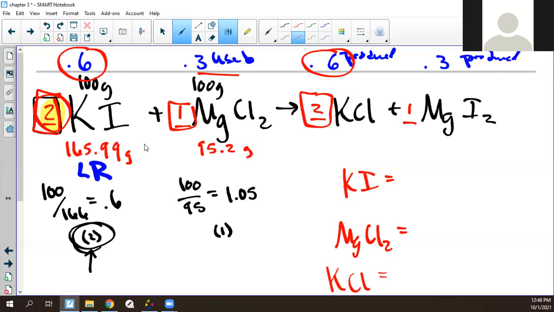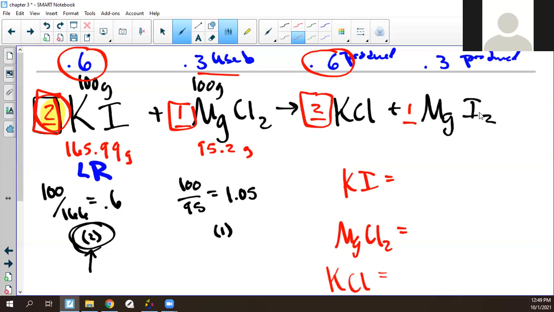I don't know the answers. I can do them. Take 0.6 and multiply it by whatever the mass of KCl is. 0.3 times MgI2. You don't know it, but I just did the real long picket fence. I just didn't write it out.